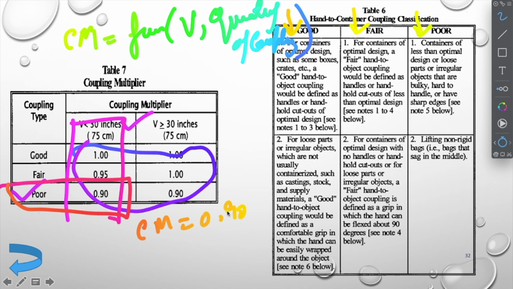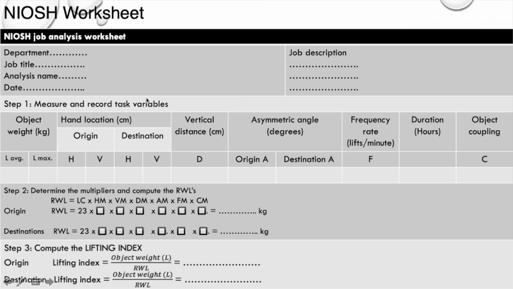When we know all the multipliers, this is our worksheet for the NIOSH Lifting Equation. If any example is given, we have to see what are the values of horizontal distance, vertical distance, difference of the vertical distances, which will be the distance moved by the object in the vertical direction, then asymmetry, then frequency of lift, then duration of work, and the type of coupling.